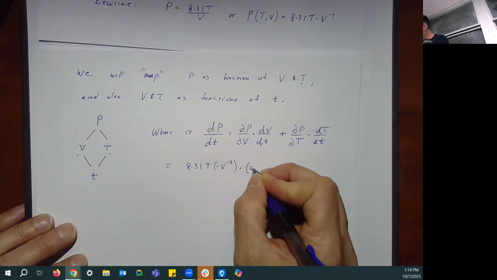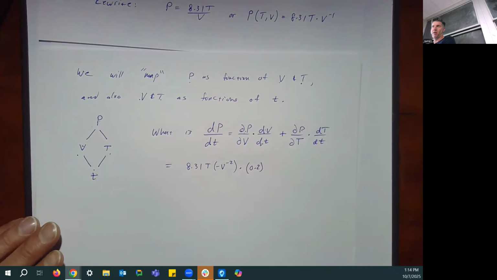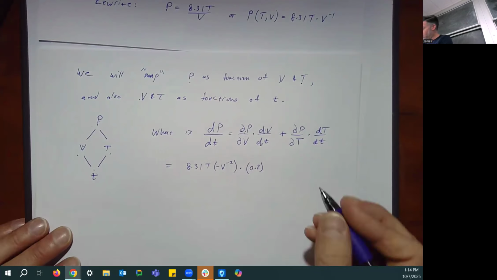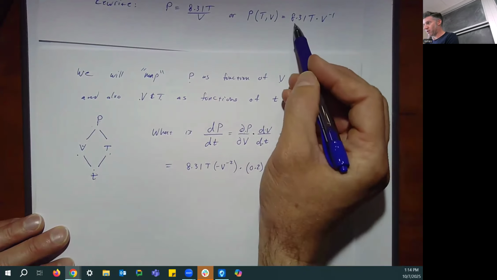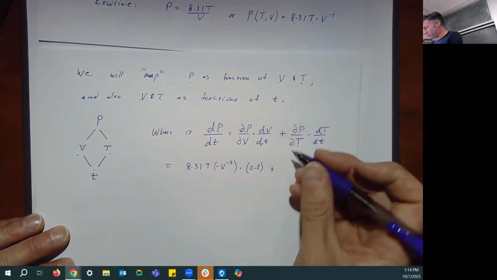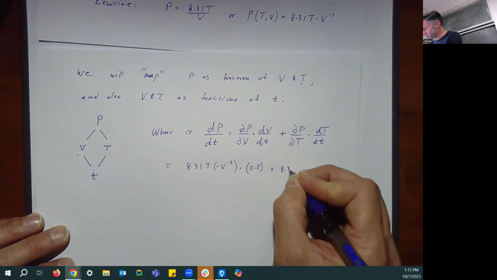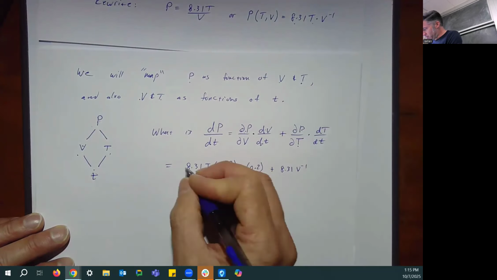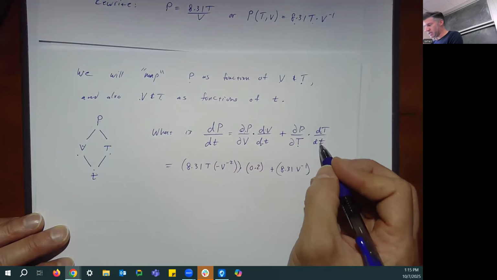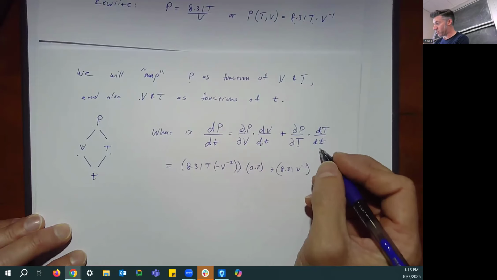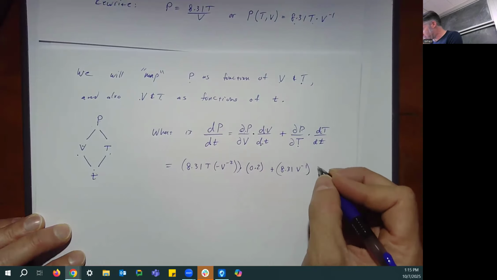I'm not going to include the units because it's a pain to write, but we know they're there. We'll include them at the end. Over here, our del P del T is going to be 8.31 times 1 times V to the negative 1, multiplied by dT/dt, which was the rate of change of the temperature, which was 0.1 kelvins per second.